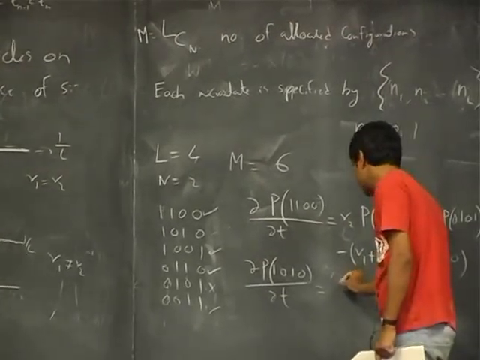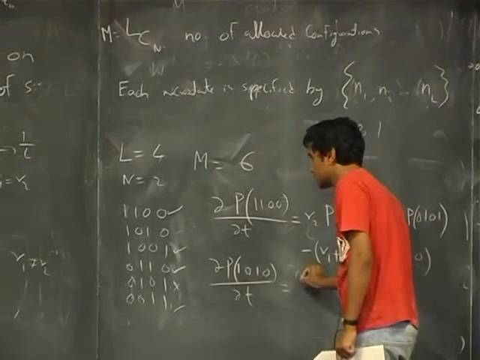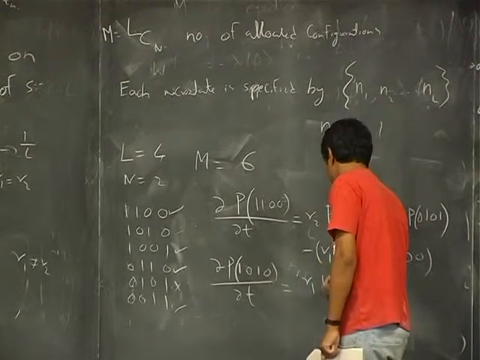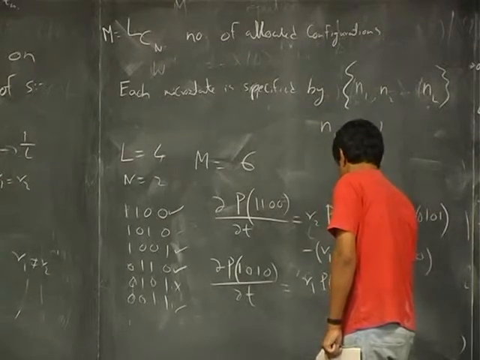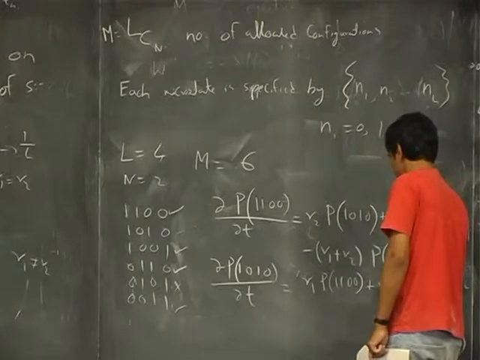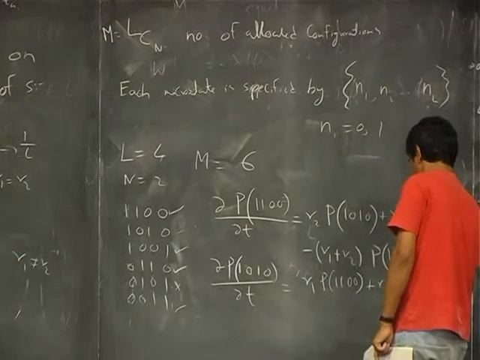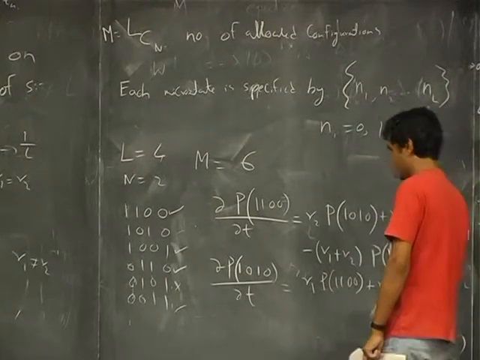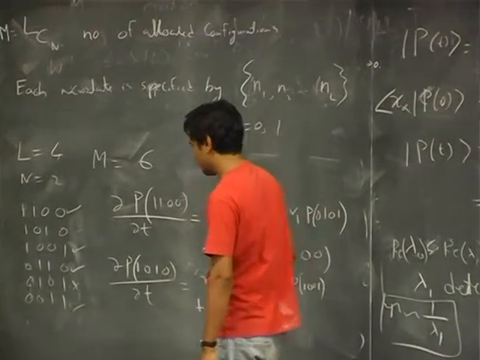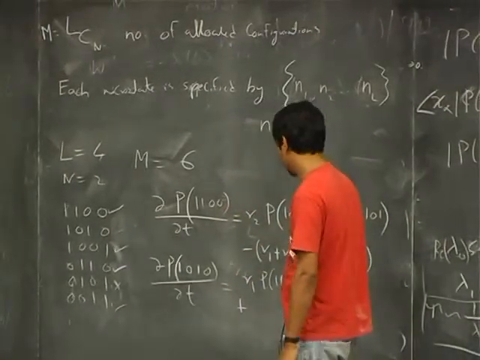So the first one is R1. The second one is minus plus R2. And then plus R2.